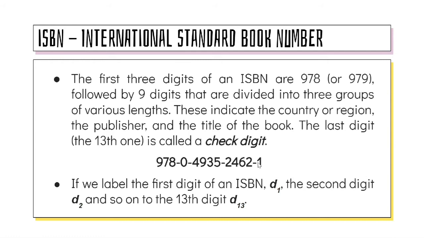And this last digit, the 13th one, is what we call the check digit. If we were to label these digits of ISBN, the first digit is D sub 1, the second digit D sub 2, the third digit D sub 3, up until the last digit, which is D sub 13.